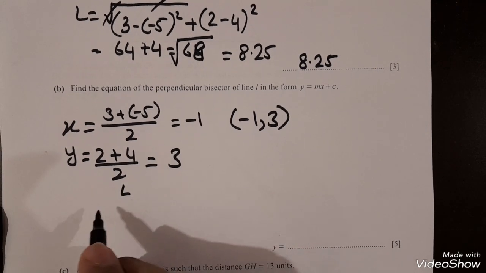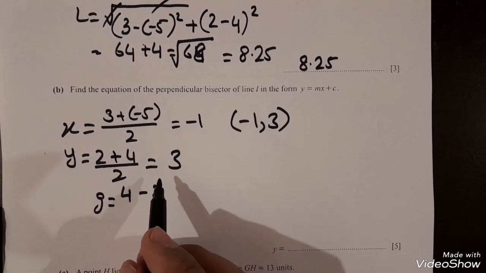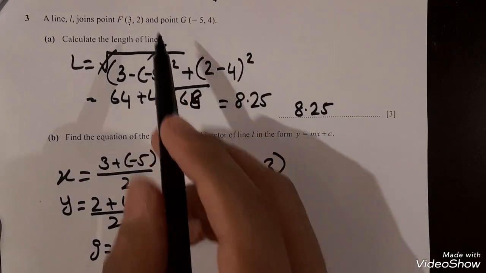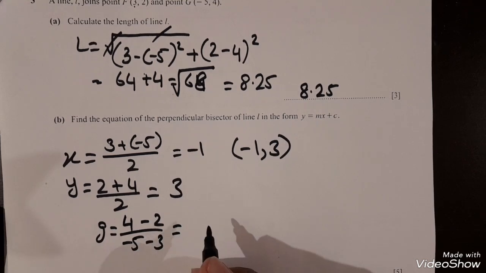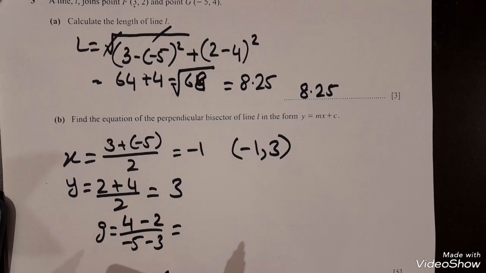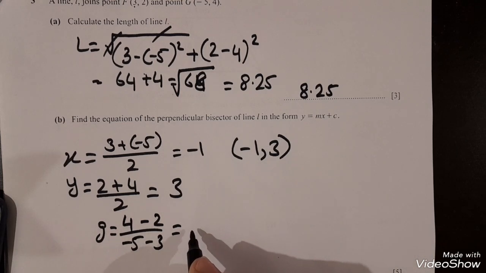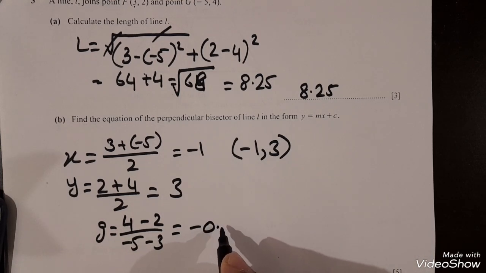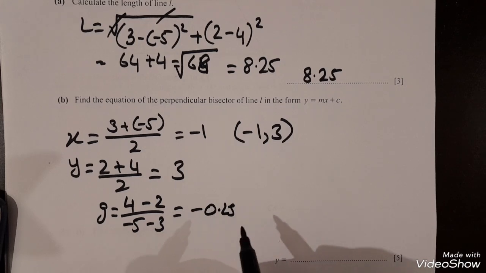Gradient here is equal to 4 minus 2 divided by minus 5 minus 3. 4 minus 2 is 2, divided by minus 5 minus 3 which is minus 8. So that will be negative 0.25.